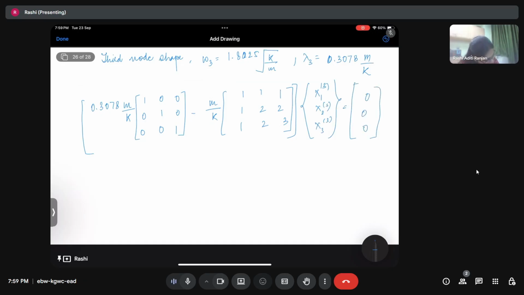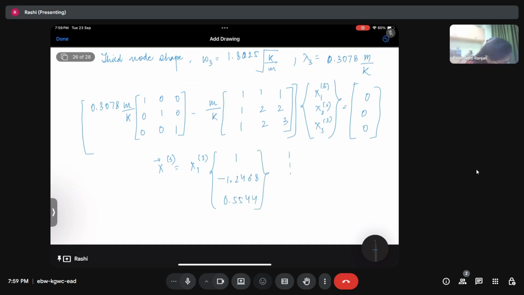This will give us x of 3, the third mode shape, as x1 of 3 into 1, minus 1.2468, 0.5544.